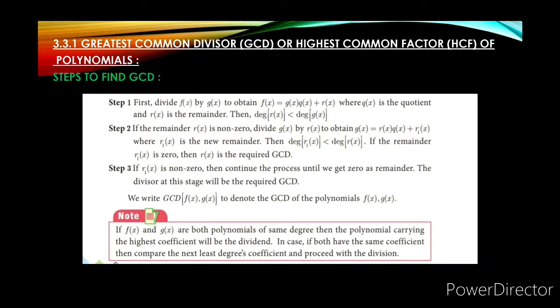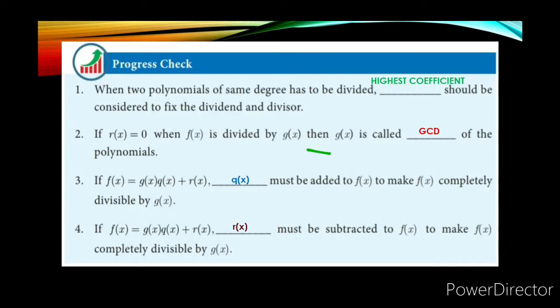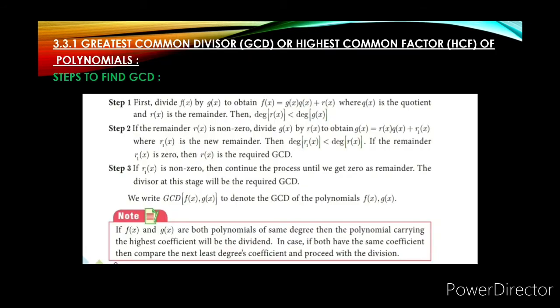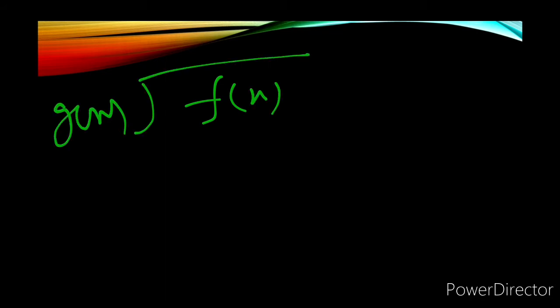First step, first divide f of x by g of x to obtain f of x. How can we obtain this? Once again I will explain this. If we divide f of x by g of x, we get q of x as quotient and r of x as the remainder.